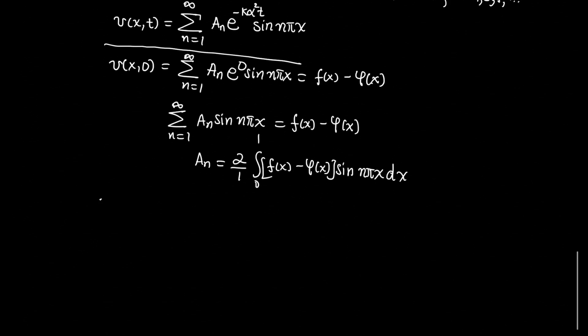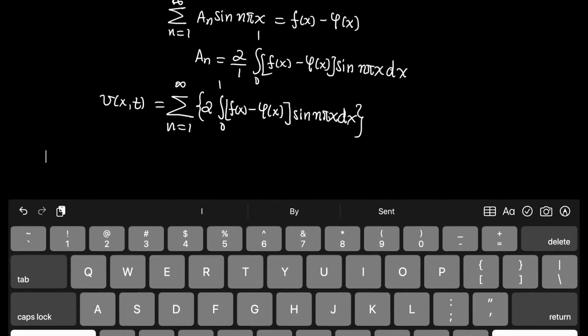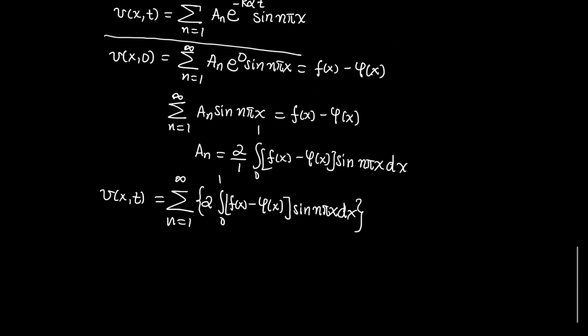So you can just write v x t equal to the summation n equals 1 to infinity of an, what is an? 2 times the integral from 0 to 1 of f x minus phi x times sine n pi x dx, all of that is the an, then times e to the minus k alpha squared t.